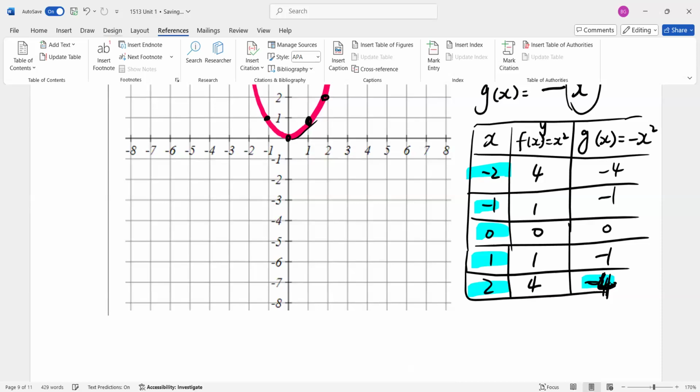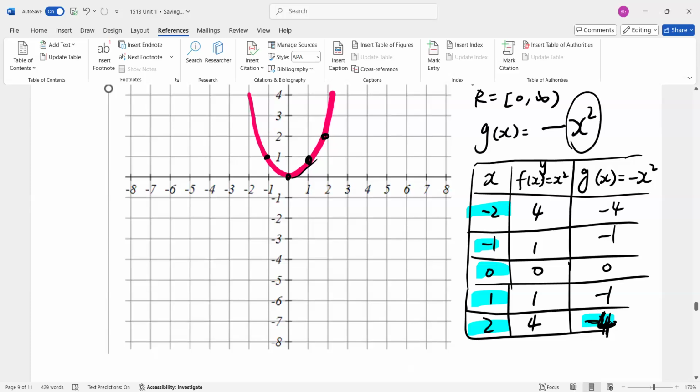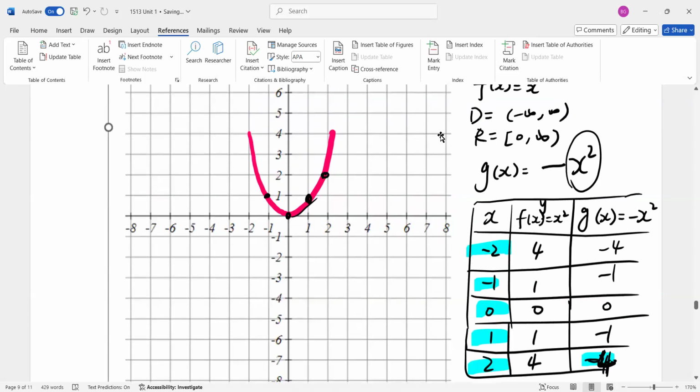So just think about the same input: the mother function produces a positive output, right? For the daughter function, with the same input, the machine produces the opposite of the output of the mother function. All the y values become the opposite. So we have -2 comma -4.